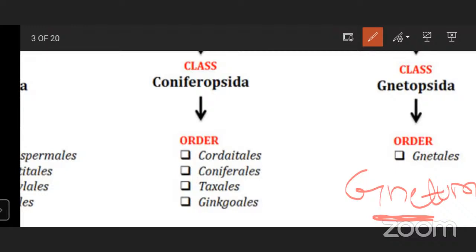The order Gnetales consists of the plant Gnetum. G is silent. Okay, Gnetum. Gnetum ula, Gnetum gnemon. Gnetum is the genus. Ula is the species. Gnemon is the species. Okay, genus is the single one, that is Gnetum. It consists of several species.